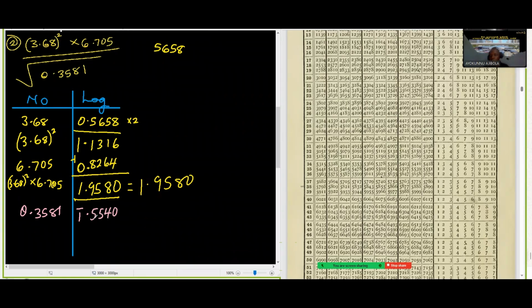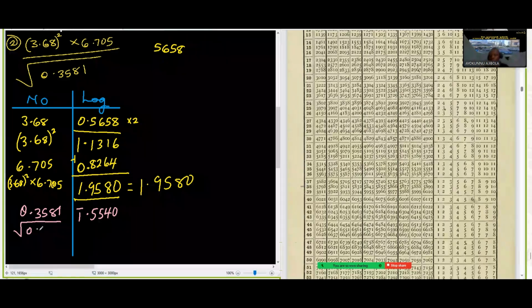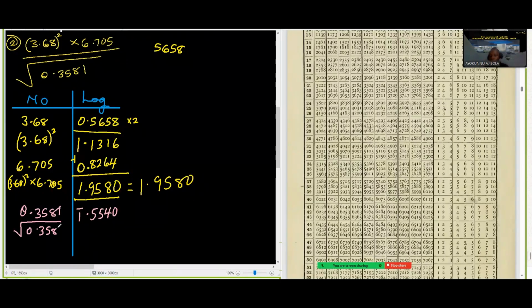5540. Now the next thing to do is to find the square root of that number, 0.3581. So because of square root, I will divide by 2. Now this bar is not the same as this figure, so we have to make them the same.